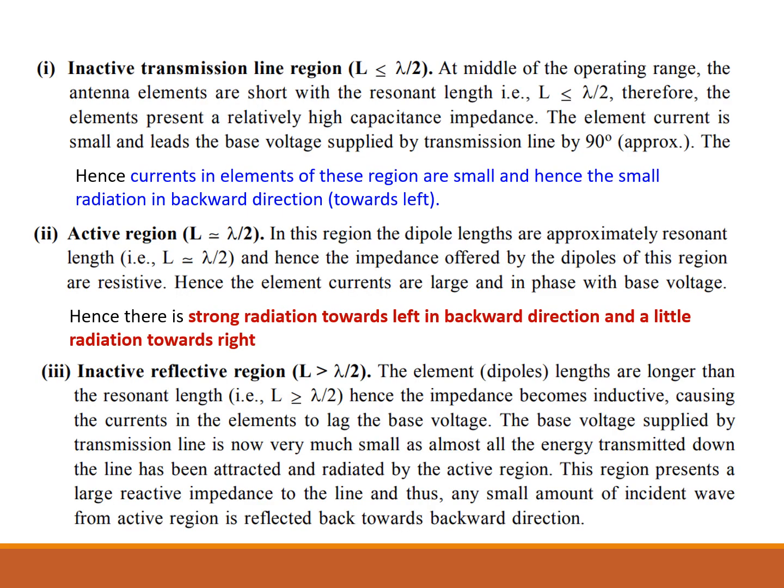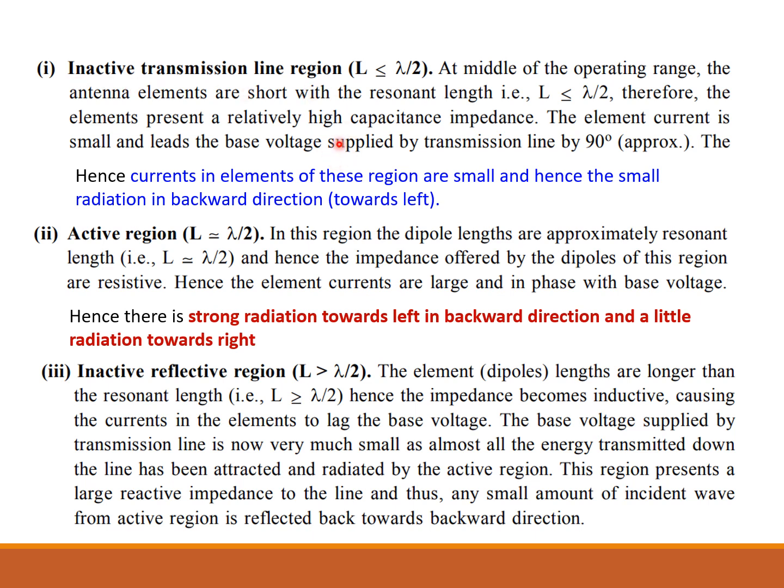Now when we looked into the diagram, the region of operation was divided into three: when L was lesser than lambda by 2, L equal to lambda by 2, and L greater than lambda by 2. When L is lesser than lambda by 2, I call it the inactive transmission line region.